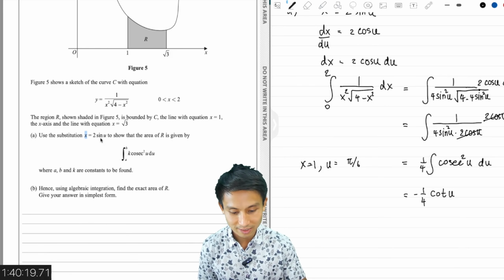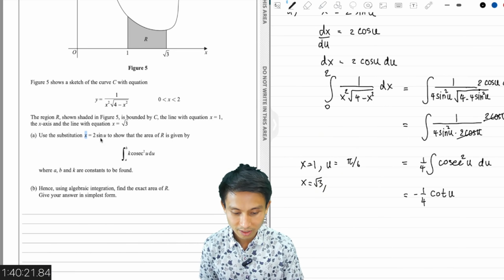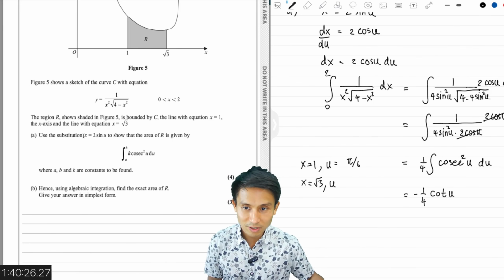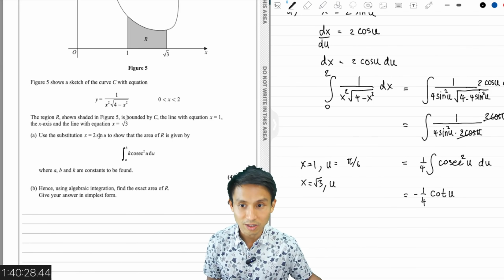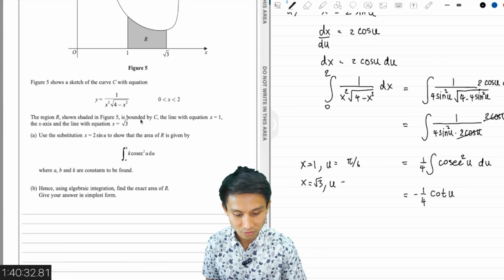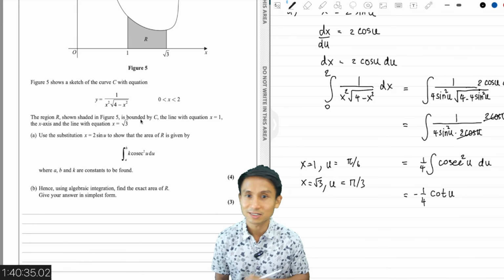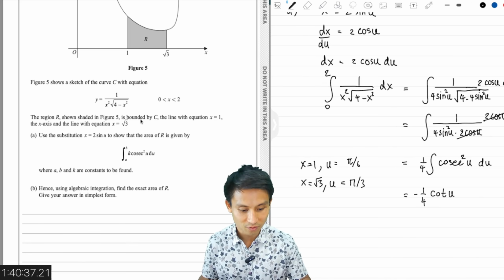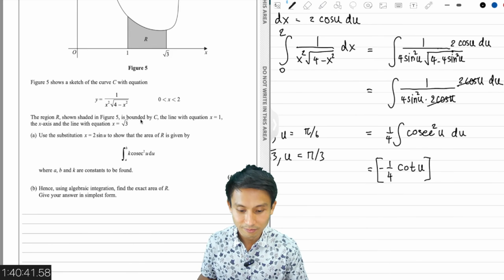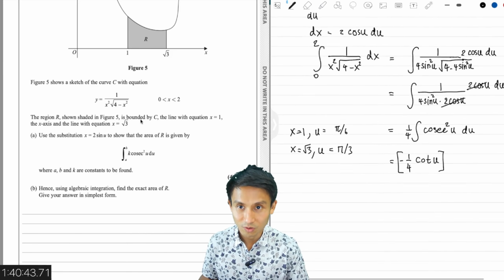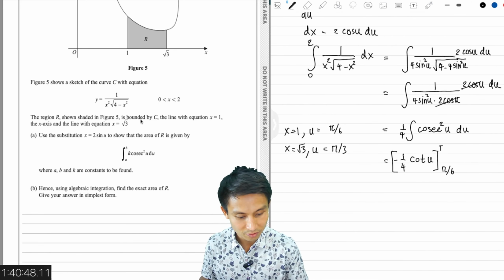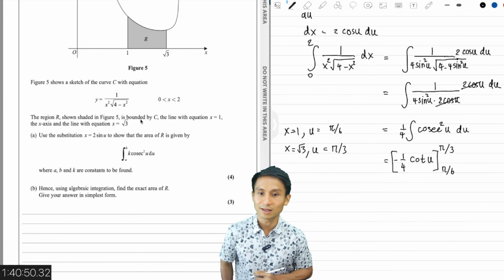If x is root 3, then root 3 equals 2 sine u, so sine u would be root 3 over 2, and sine of pi over 3 is root 3 over 2, so that's going to be pi over 3, which makes sense because it's to the right of the graph there. So the lower limit 1 corresponds to pi over 6. The upper limit root 3 corresponds to pi over 3.